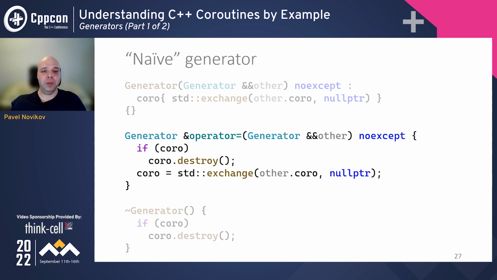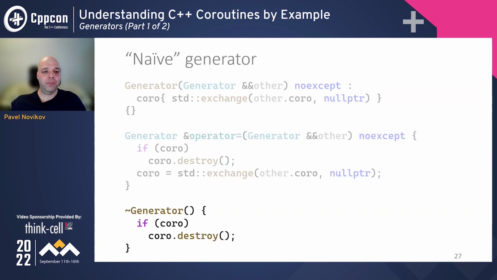Move assignment is very similar, but before transferring the coroutine from the other instance, we have to destroy the current coroutine if we have one. And in the destructor, we check if we have a coroutine connected with the current coroutine handle. We destroy it as well.